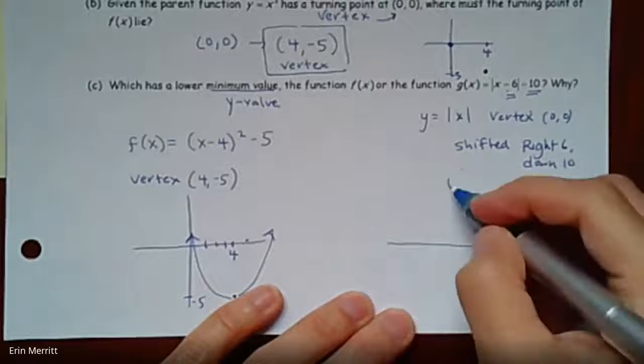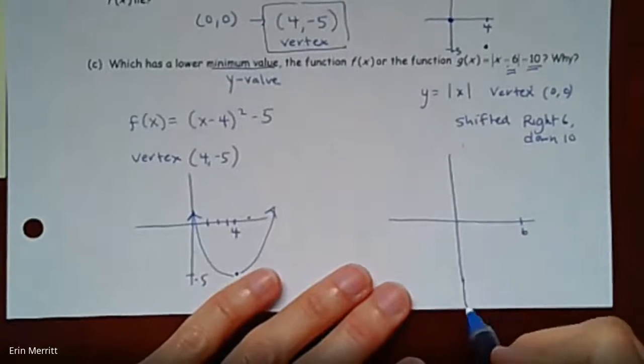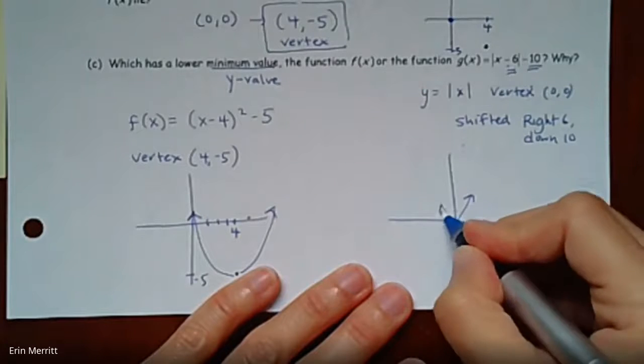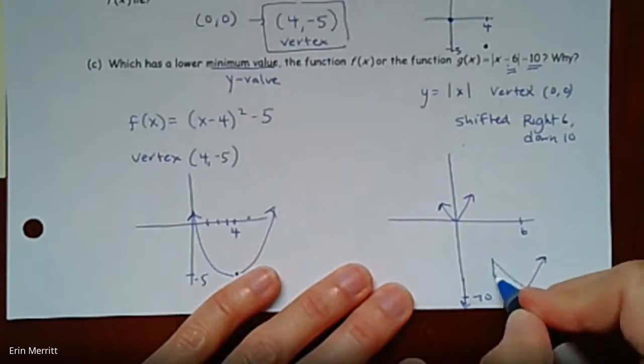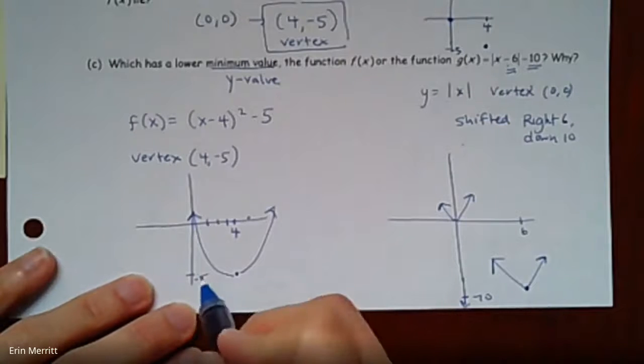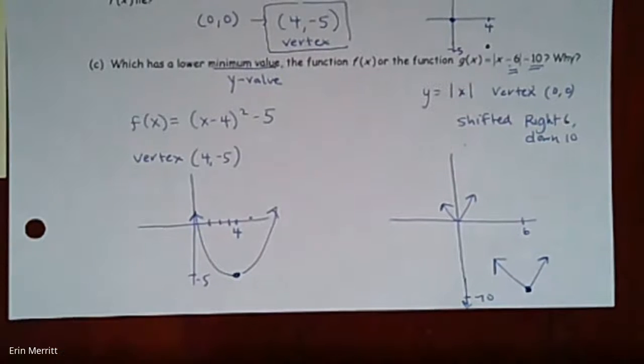So if I try to mentally sketch this out, it'd be over here at 6, and then somewhere down here at negative 10. And so instead of it looking like this, it would be down here. So which one has the lower minimum value? Well, look at the bottom of the graph. This one goes as low as negative 5. That one goes as low as negative 10.